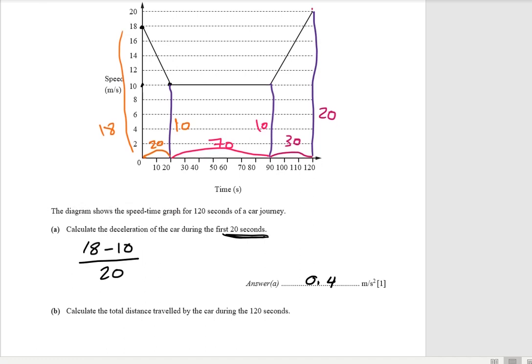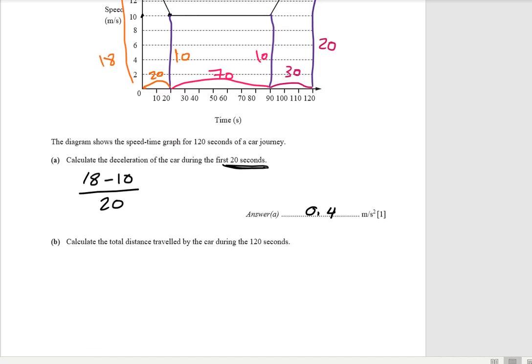So let us, by color, again write the equation. The first area will equal (18 plus 10) divided by 2 multiplied by 20. So this is the first area.